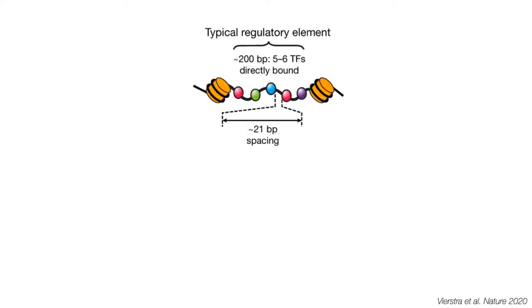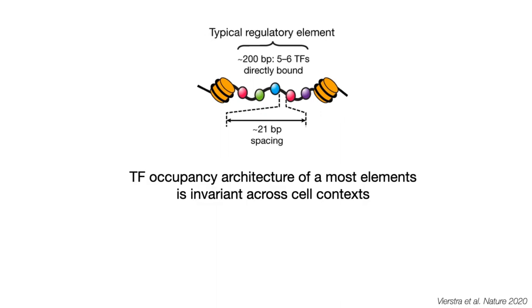If we look across all hypersensitive sites, we find that a typical regulatory element encompasses about 200 base pairs and 5 to 6 transcription factors that are directly bound and generate footprints with quite ample spacing, about 21 base pairs on average between them. One key finding is that this occupancy architecture at most elements is actually invariant across cell contexts.